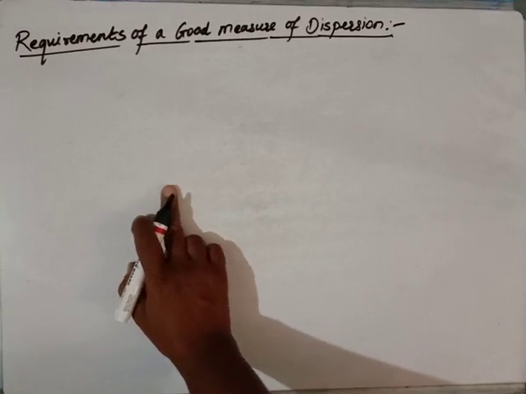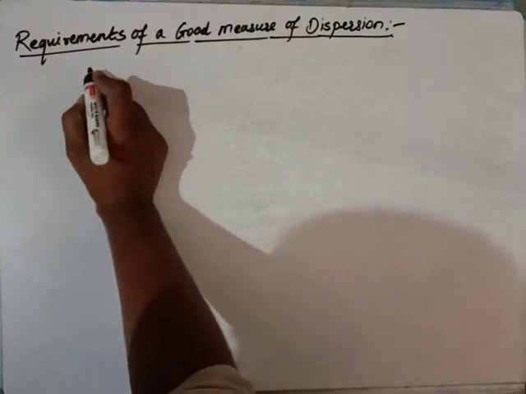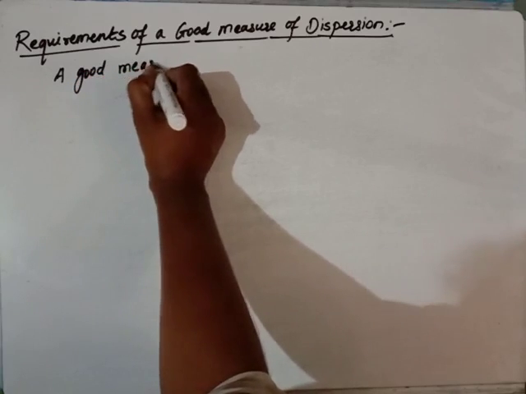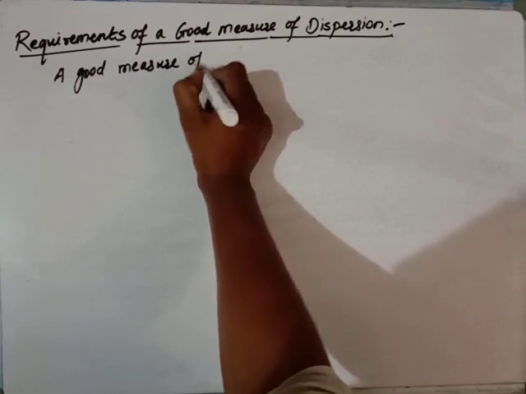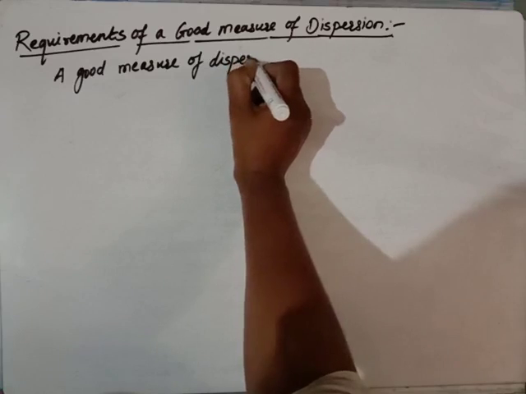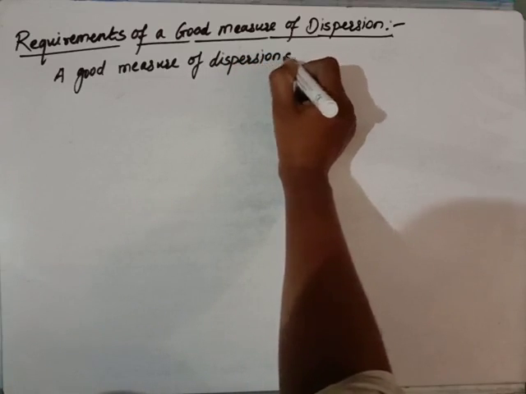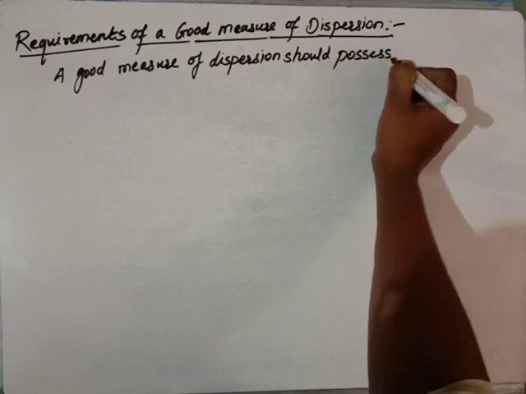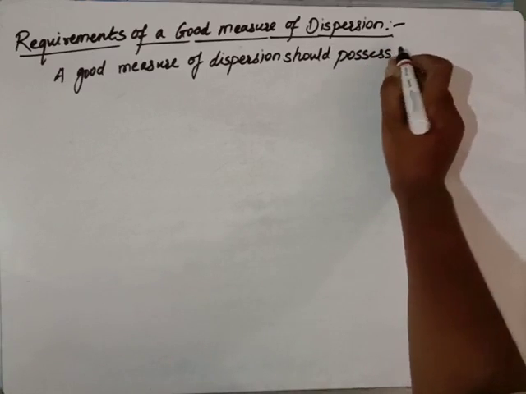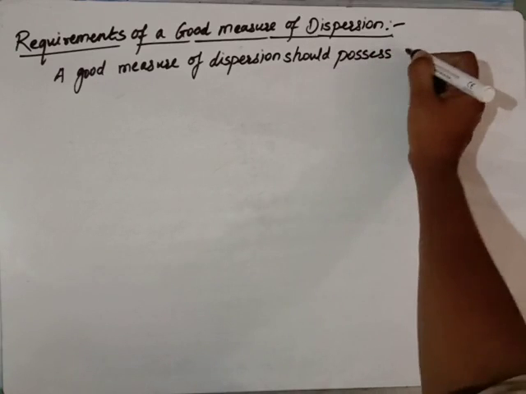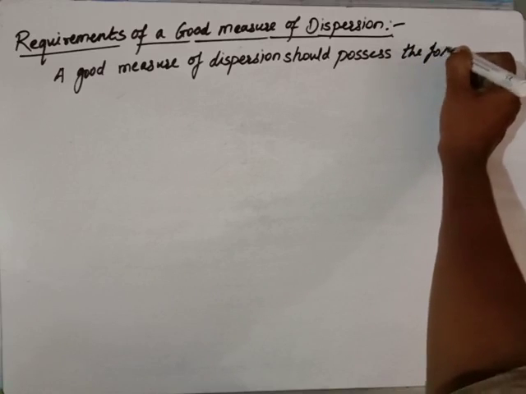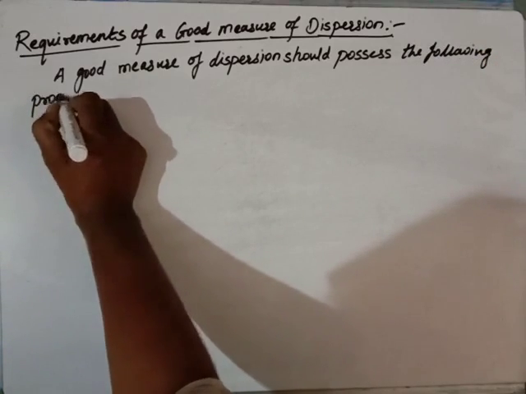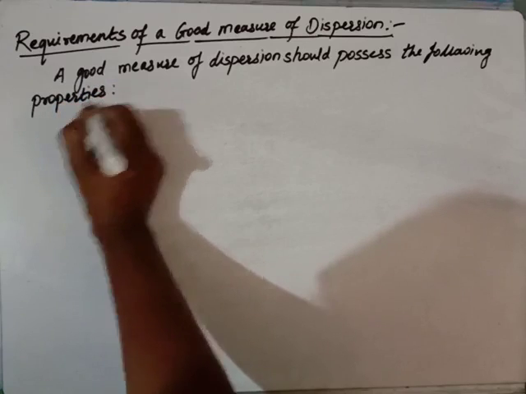The requirement of a good measure of dispersion is that a good measure of dispersion should possess the following properties. Now what are the properties?